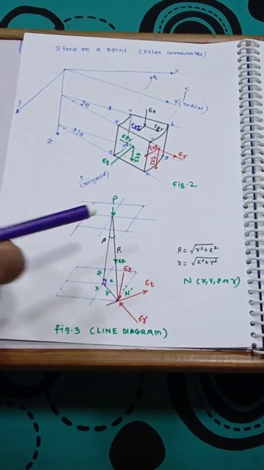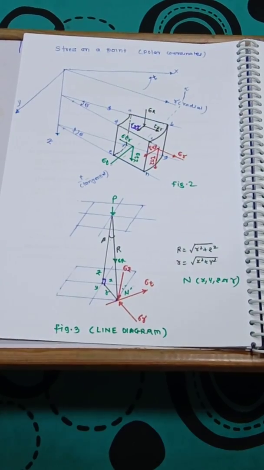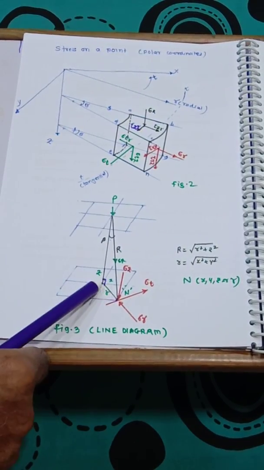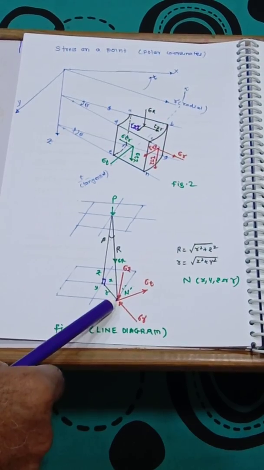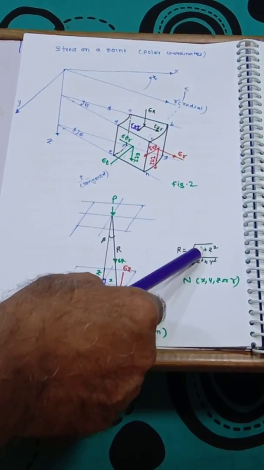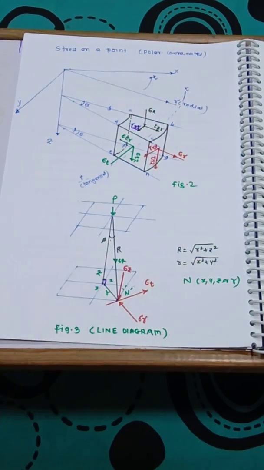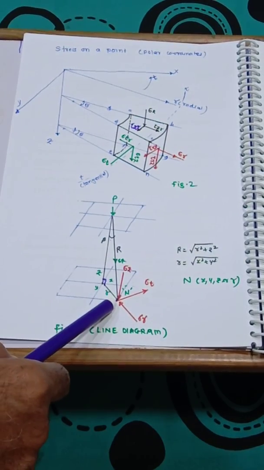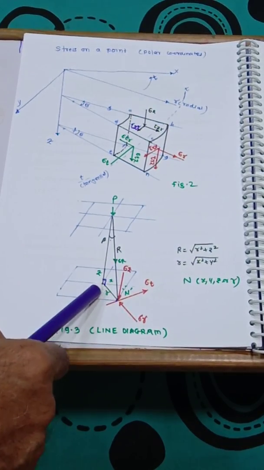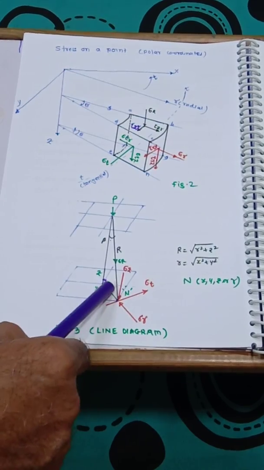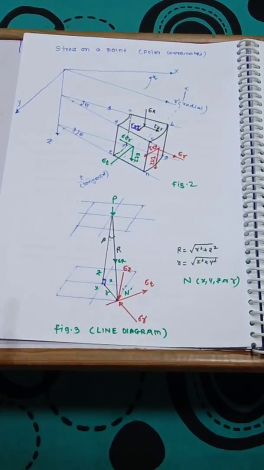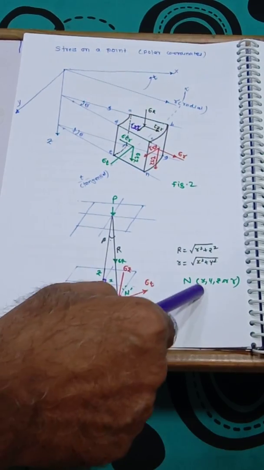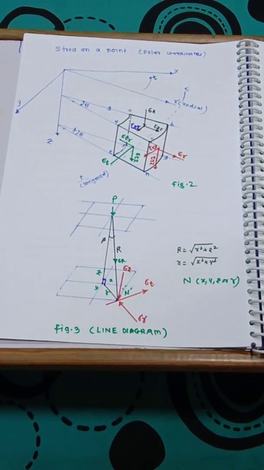So the inclined distance is R, the vertical distance is z, and the horizontal radial distance is small r. Therefore, R squared is equal to r squared plus z squared. Similarly, this r is the diagonal between x and y. Therefore, r squared is equal to x squared plus y squared. So this point has coordinates x, y, z.